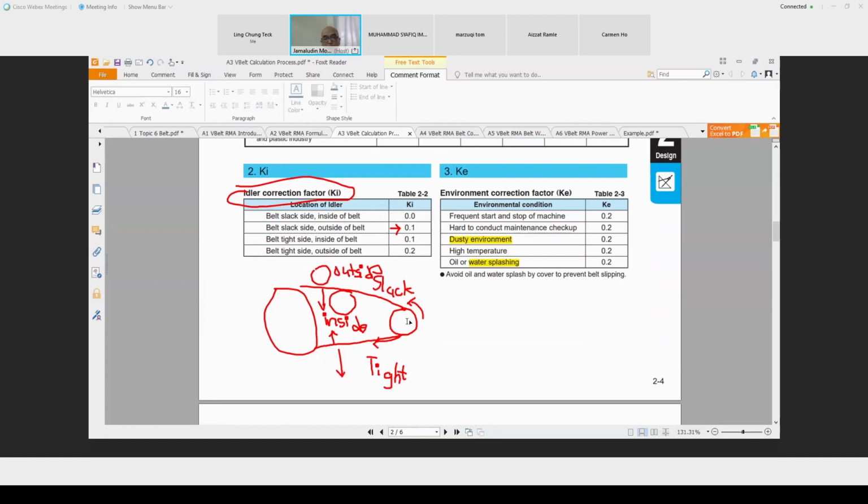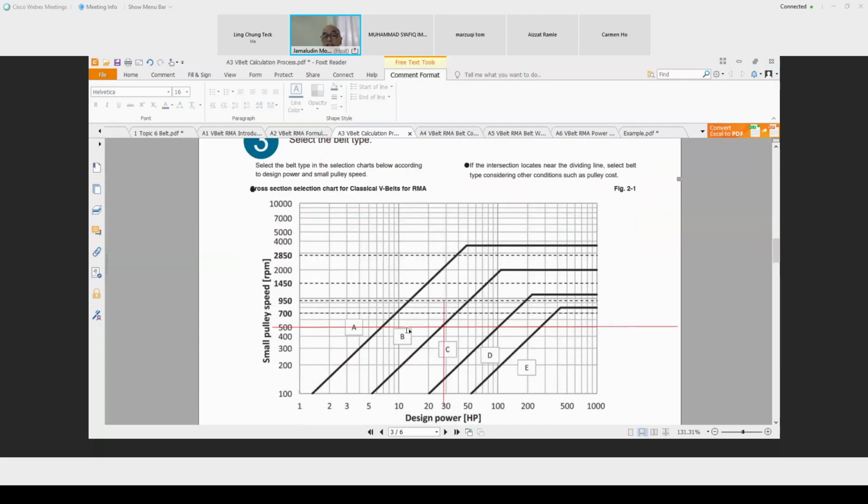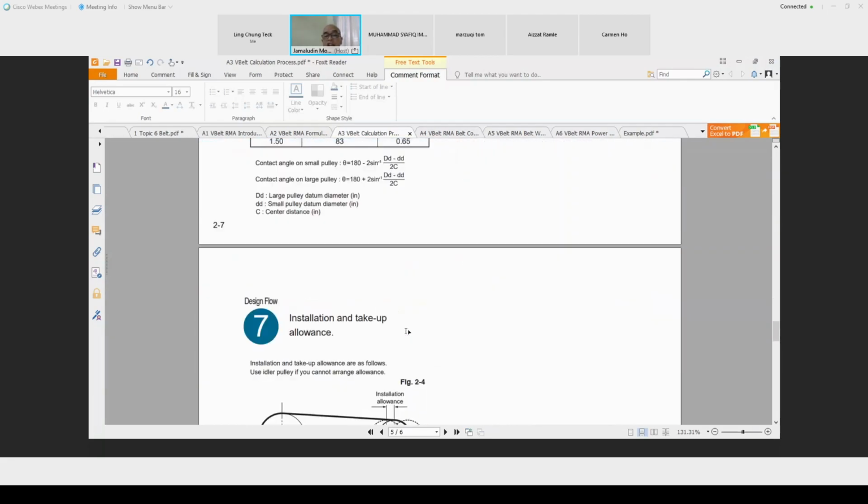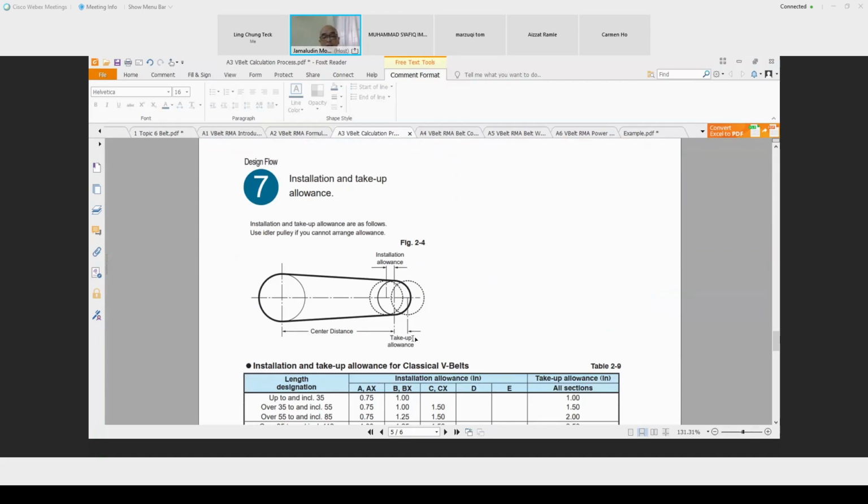For example, you have a belt. How can you install this belt onto the pulley? That's the reason why one of the pulleys should have a take up allowance. That means you can play with the distance, tighten the belt, and then you have the distance. All right, you see my point?